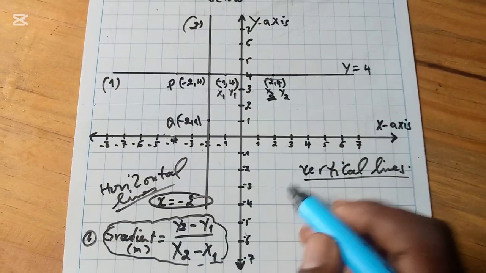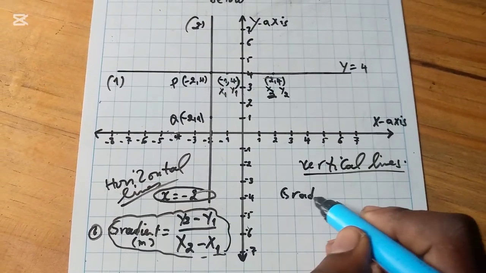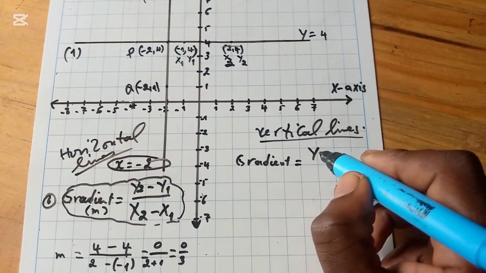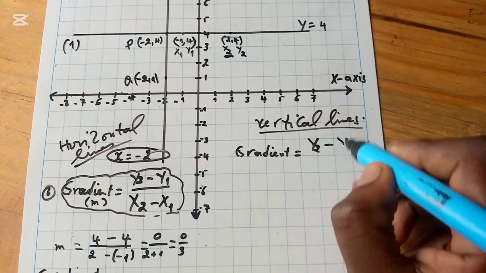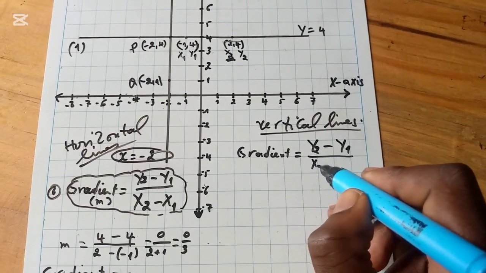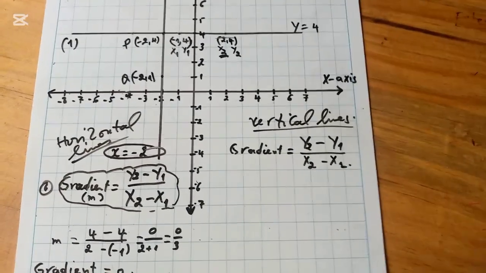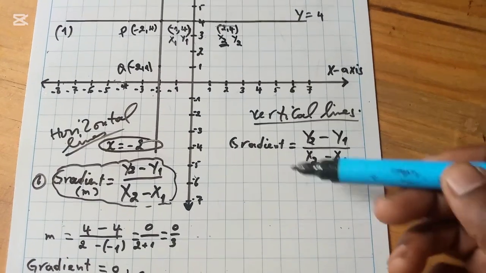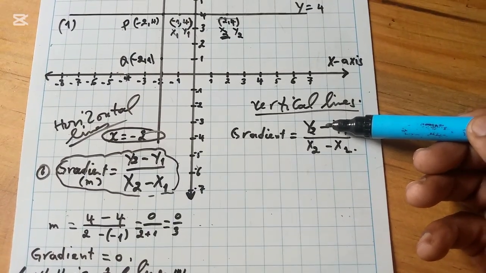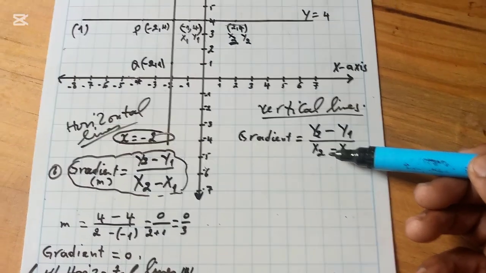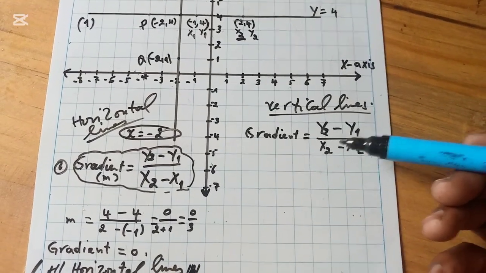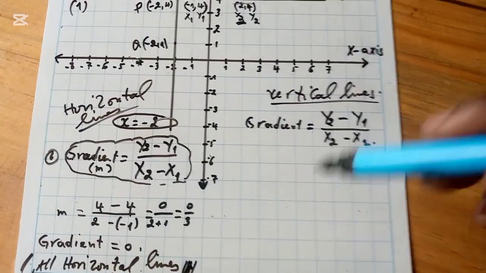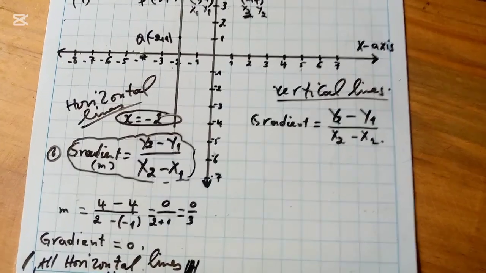You remember that the gradient is equal to the change in y coordinates, y2 minus y1, divided by x2 minus x1. Change in y coordinates divided by change in x coordinates, or we can say the change in vertical distance divided by the change in horizontal distance.